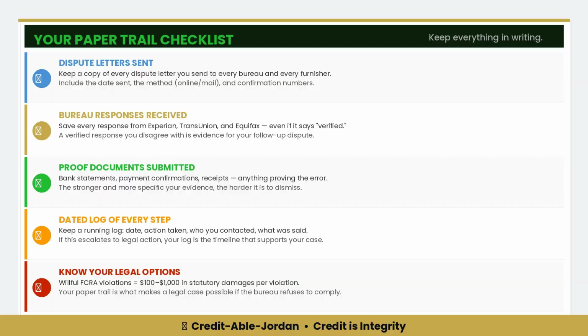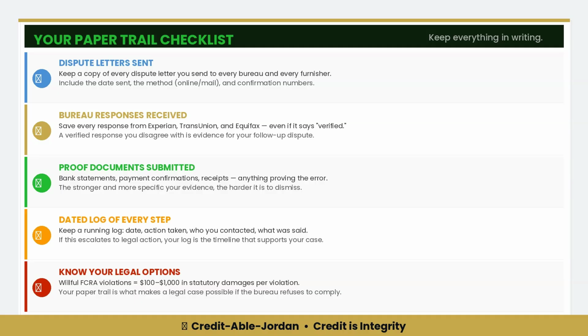So here's what to keep on file throughout the entire process, because if this ever escalates, your paper trail is everything. Keep copies of every letter you send. Keep copies of every bureau response you receive. Keep the documents you sent in, bank statements, payment confirmations, anything showing the error, and keep a dated log of every step you took and when.